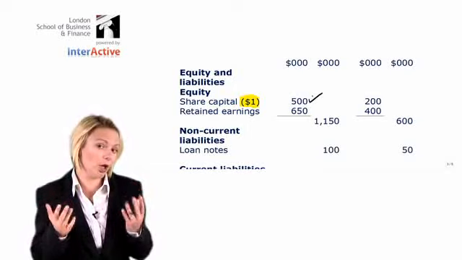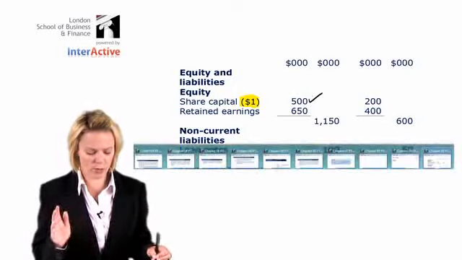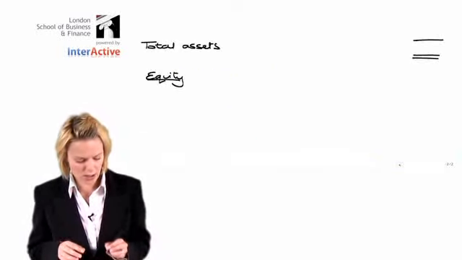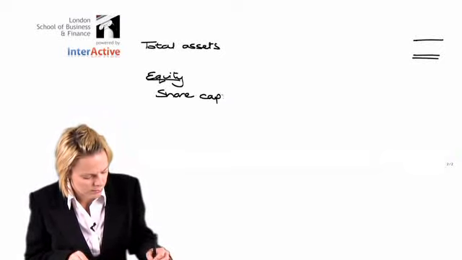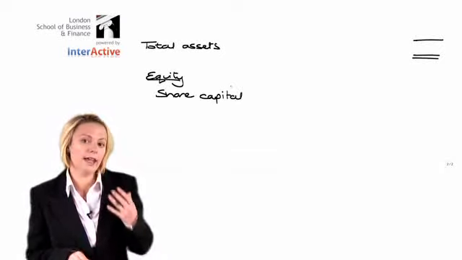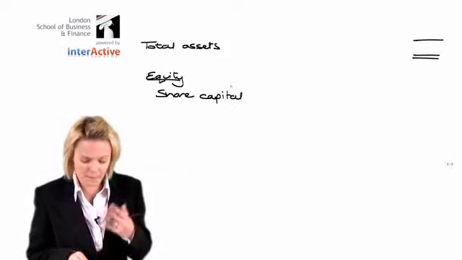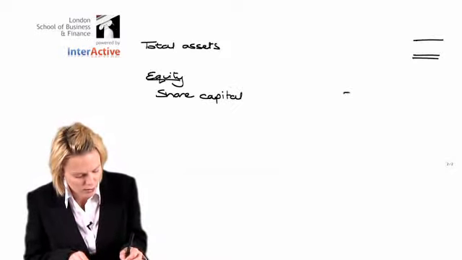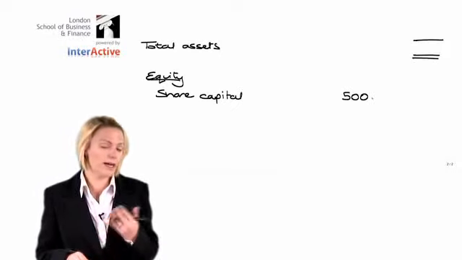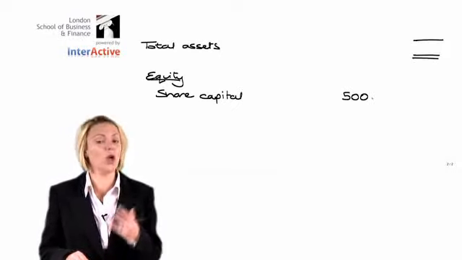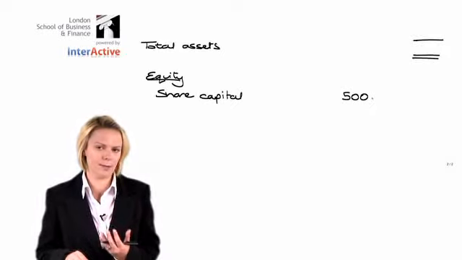So it's always parent only for share capital, always for group accounting. So equity, share capital. In the subtotal column, we'll pop in the parent's share capital which were $500,000. Always parent only for share capital, but also for share premium as well.